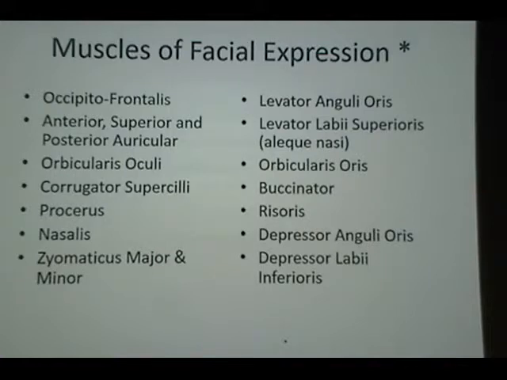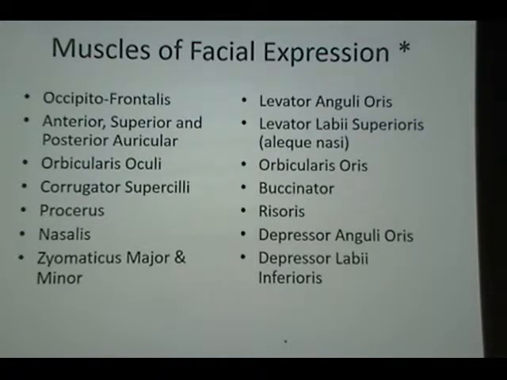Zygomaticus major and minor have to do with control anywhere from the lateral corners of the mouth, where the upper lip meets the lower lip, or also the upper lip in particular, with the zygomaticus minor helping another muscle called the levator labii superioris alaeque nasi raise the upper lip.